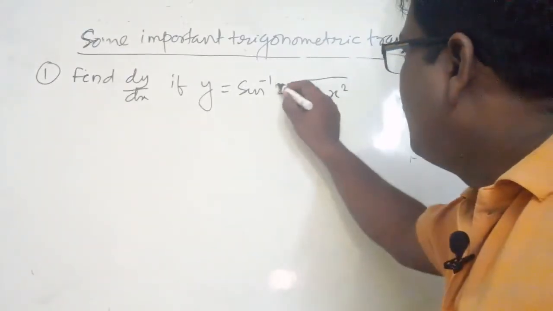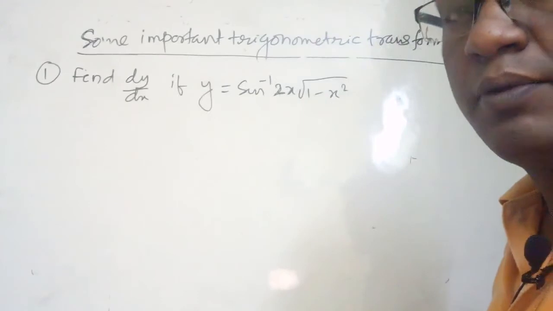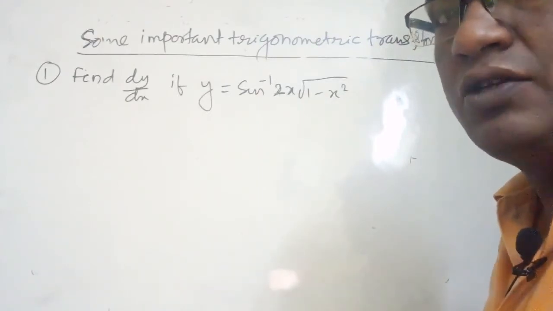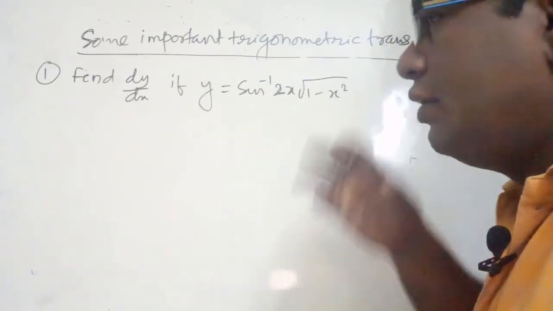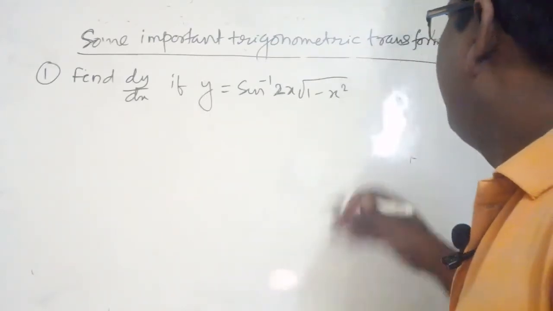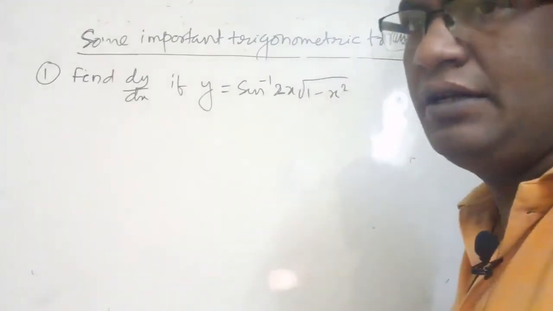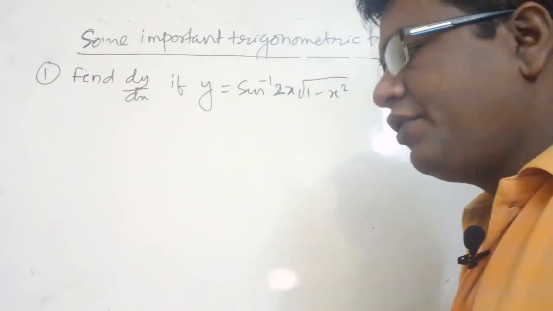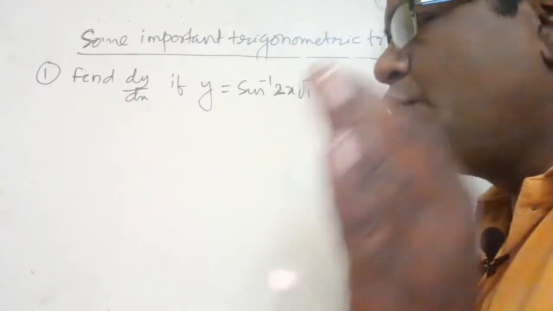Here we know root over 1 minus sin square theta is cos theta, or root over 1 minus cos square theta is sin theta. So by knowing the trigonometric formula, this substitution is possible. Without knowing the trigonometric formula, you cannot get the clue of the substitution.